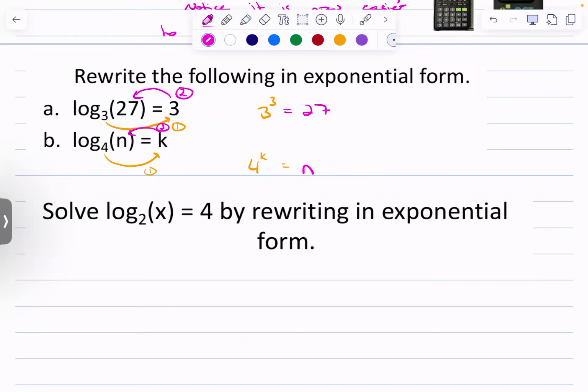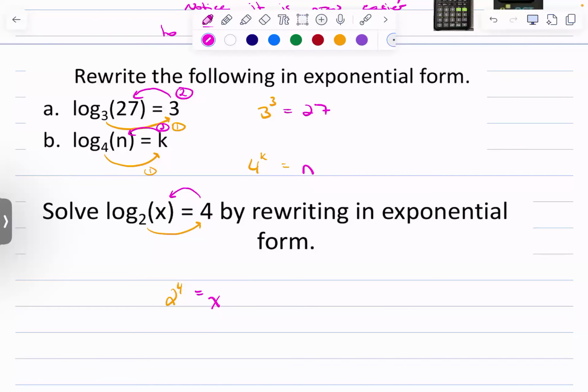What if you want to solve log base 2 of x is equal to 4 by rewriting it in exponential form? So now 2 to the 4 is equal to x.